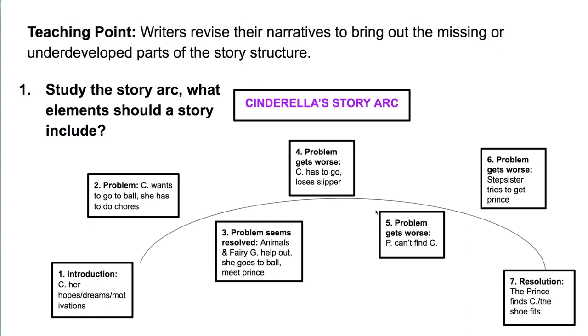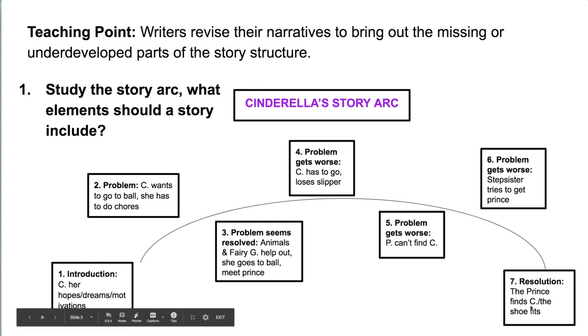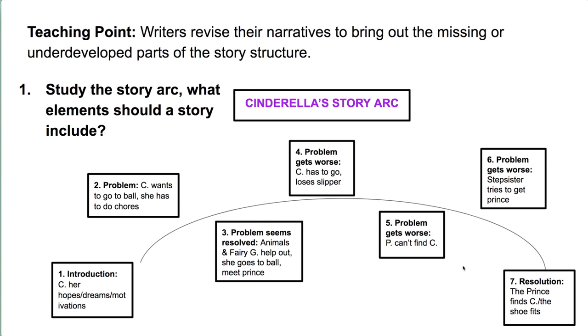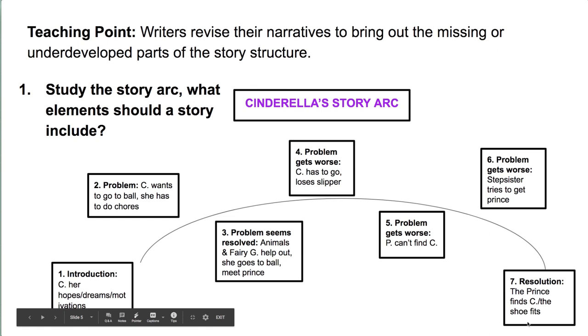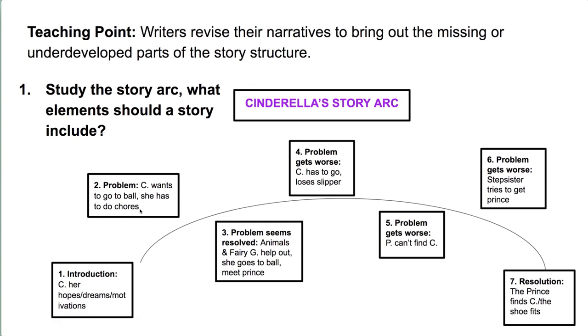Then the problem gets even worse. The stepsister tries to get the prince, right? She tries to stick her foot in that slipper. But in the end, it doesn't work because the prince finds Cinderella and the shoe fits. And this is really nice because it connects this resolution, the shoe fitting, with the problem, her not being able to go to the ball, and her fairy godmother helping her out.